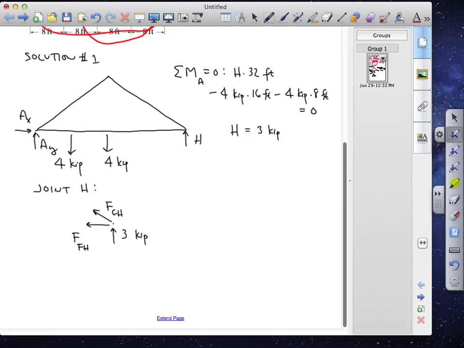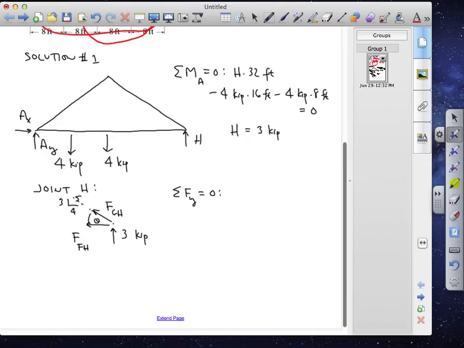We might note also that this angle theta here is defined by a 3, 4, 5 triangle, so we're going to know the sines and cosines of that angle without explicitly having to find the angle itself.